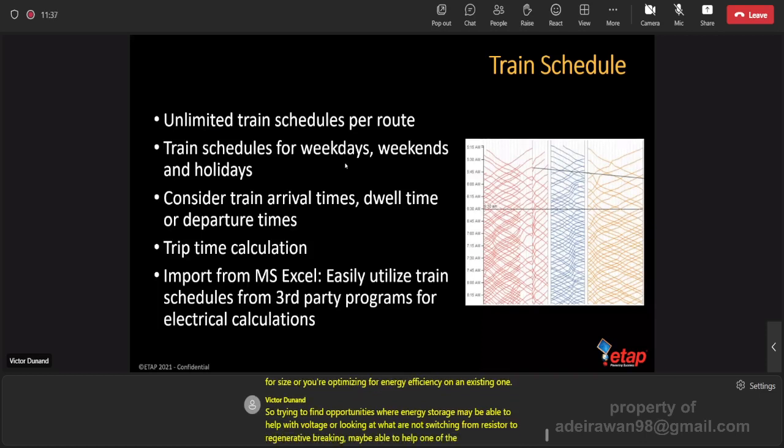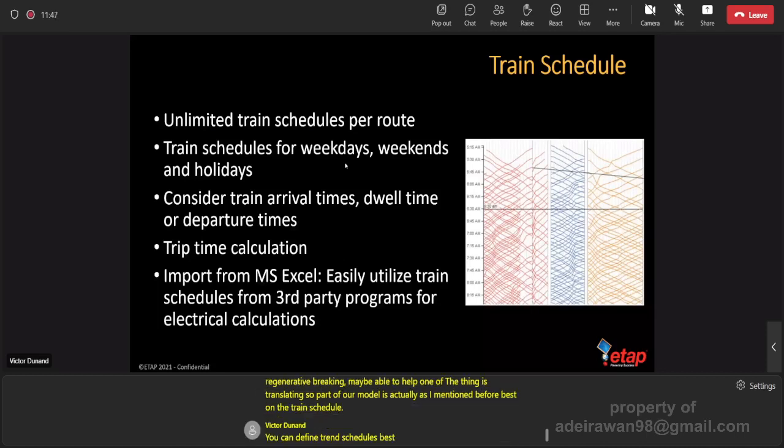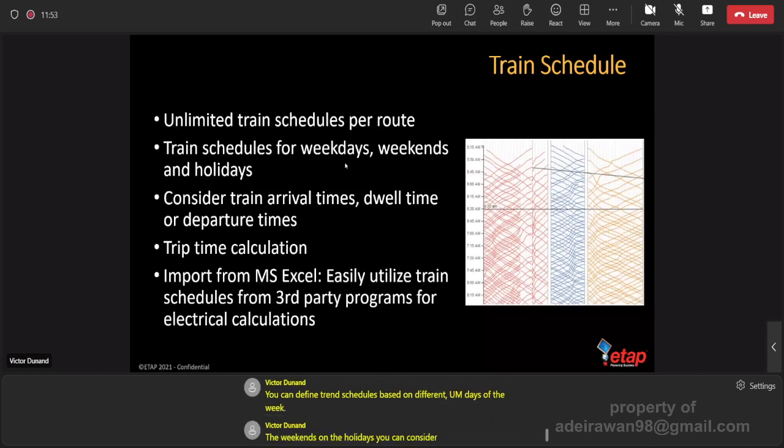One of the things is train scheduling. So part of our model is actually, as I mentioned before, based on the train schedule. You can define train schedules based on different days of the week, the weekends and the holidays. You can consider arrival and departure times, and the time they're waiting at a station.